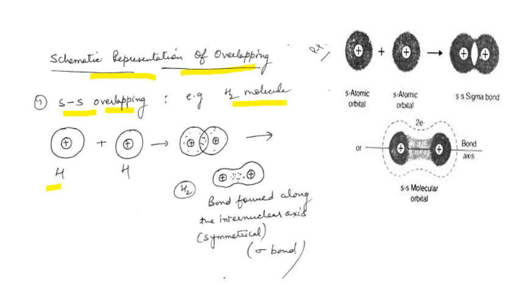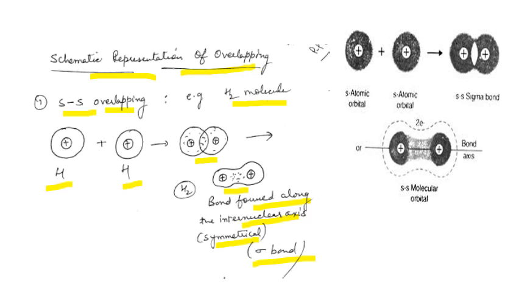So the s orbital of one hydrogen atom overlaps with that of the other hydrogen atom, undergoing this s overlapping, which is head-to-head overlapping, and the bond forms along the internuclear axis. This kind of overlapping is also called symmetrical overlapping, and a very strong covalent bond is formed, which is called a sigma bond.